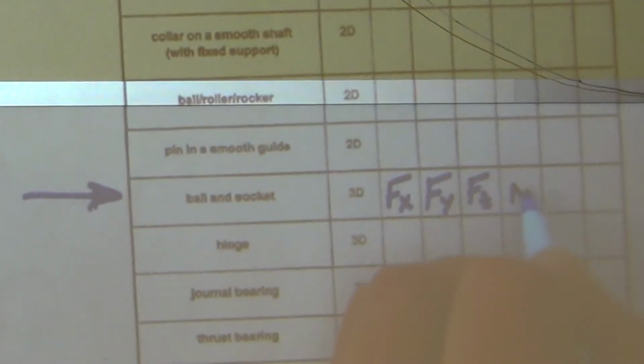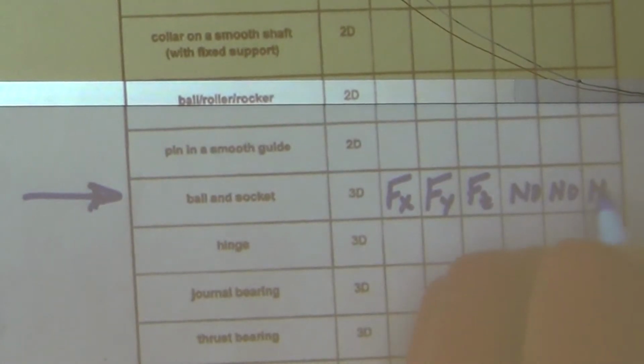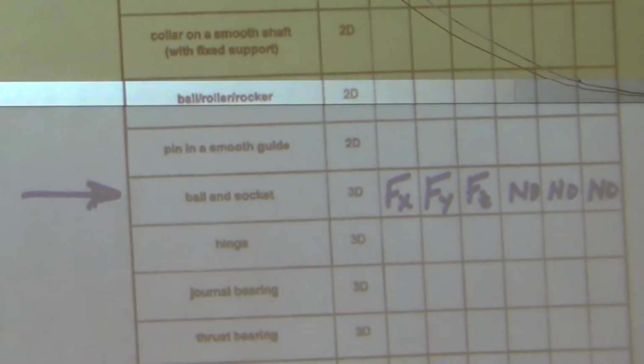No. Can it resist a moment in the Y? No. Can it resist a moment in the Z? No. Is everybody comfortable with what we're doing? So what does the term reaction at support mean? It's the force or the moment that it can resist, that in the end can break the connection, right?